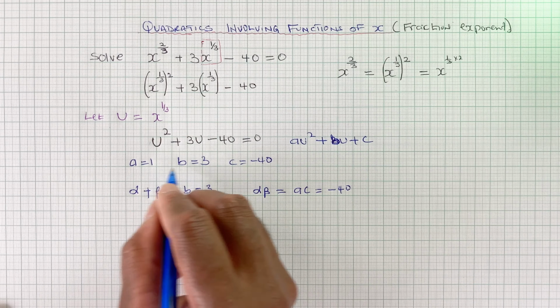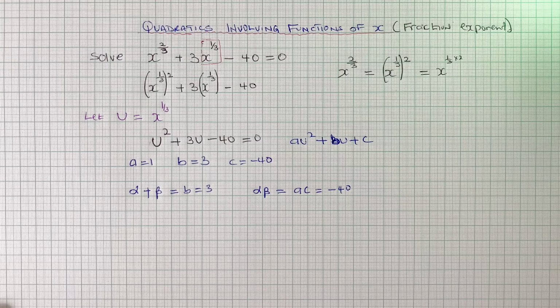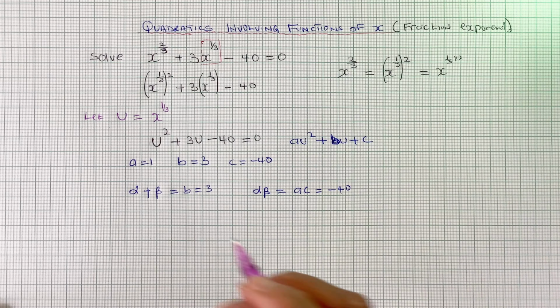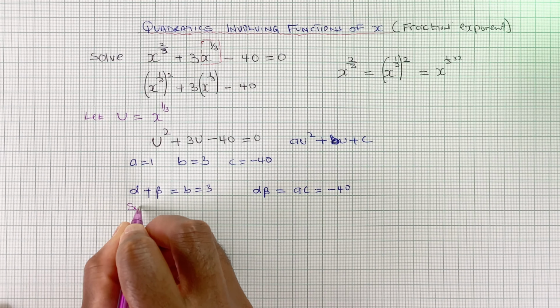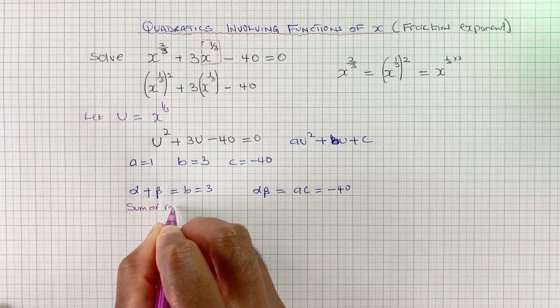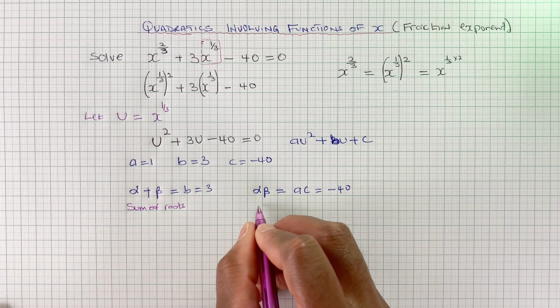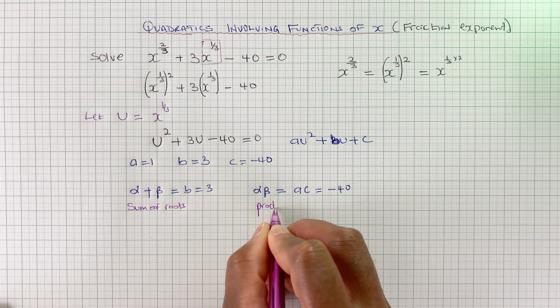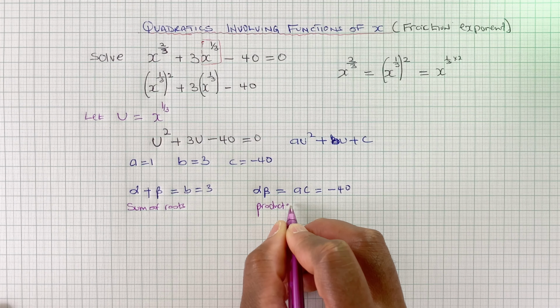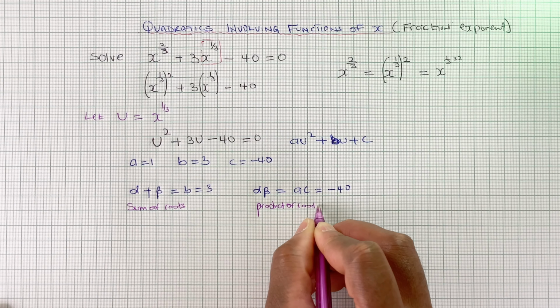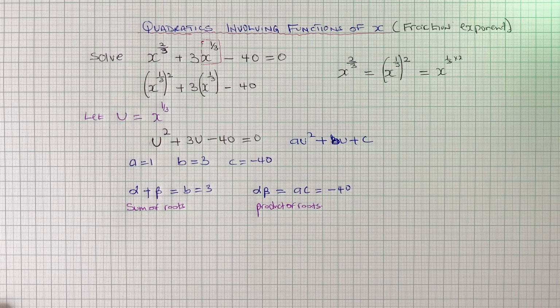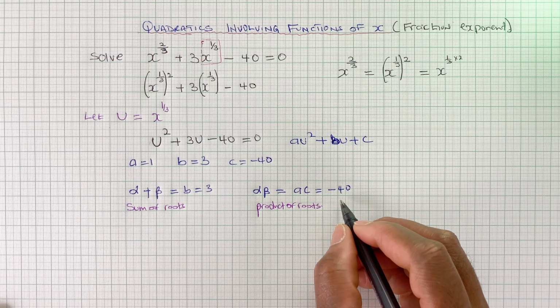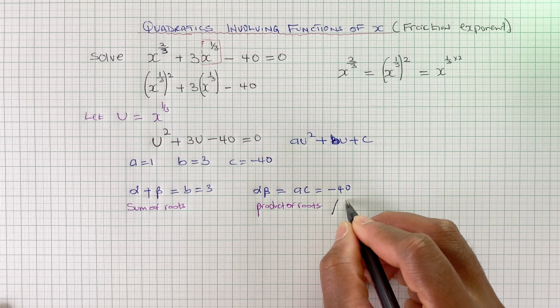Minus 40 times 1 is minus 40. So remember that this is the sum of roots, and this is the product of roots. Now, so I've got minus 40.